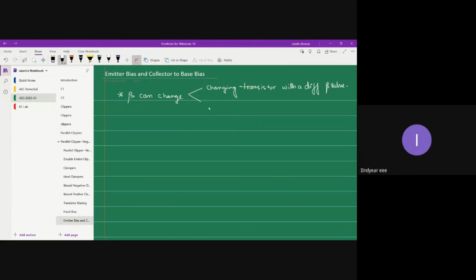Now there is another phenomenon that can also change the beta value, which is the temperature. And this temperature plays a very important role in analog electronic circuits. To that matter, it impacts your solid state circuits.